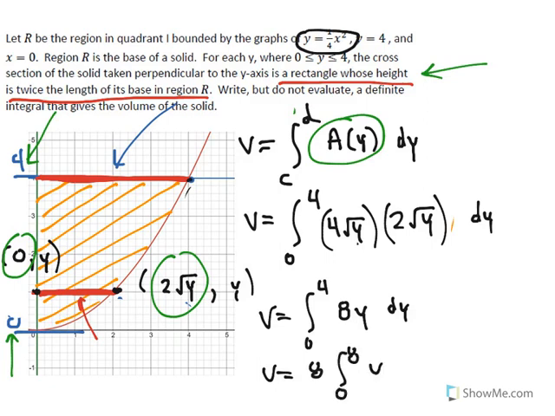But this is our definite integral. It's from 0 to 4 for the limits of integration. So 8 times the definite integral from 0 to 4 of y with respect to y. And the value of this definite integral will give us the volume of this solid. But since the instructions are write but do not evaluate a definite integral that gives the volume of the solid, we may stop here.